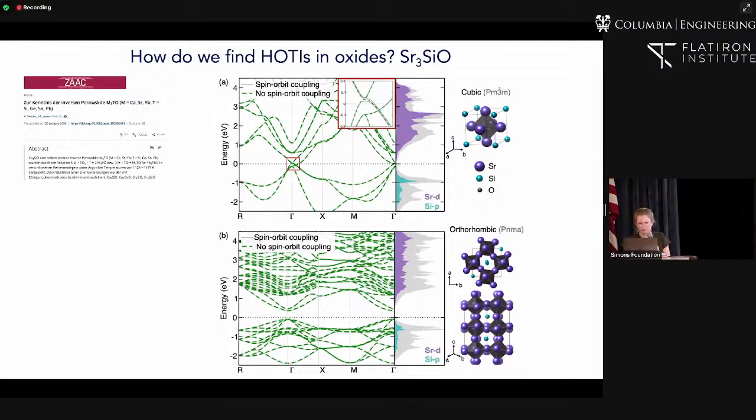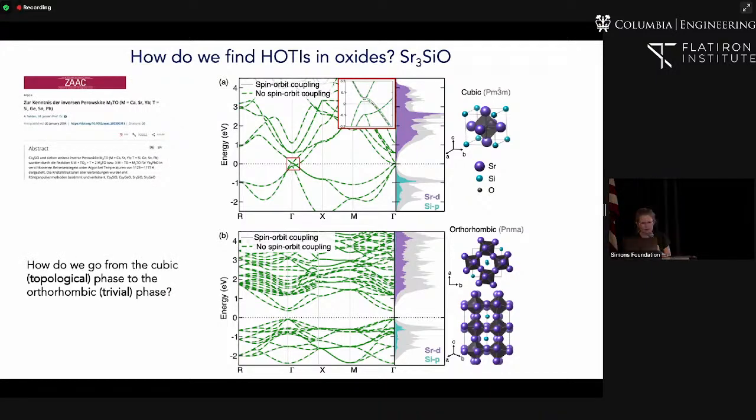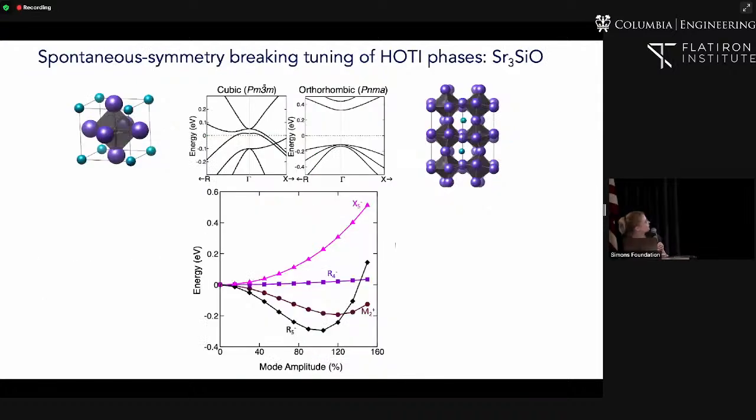Okay, right. So on the left again, I have the summary of this higher order topological phase, and on the right is the orthorhombic. Now, in getting from this cubic high symmetry phase to this orthorhombic phase, there's actually 4 different phonon modes that are involved. And each one has a different influence on symmetry.